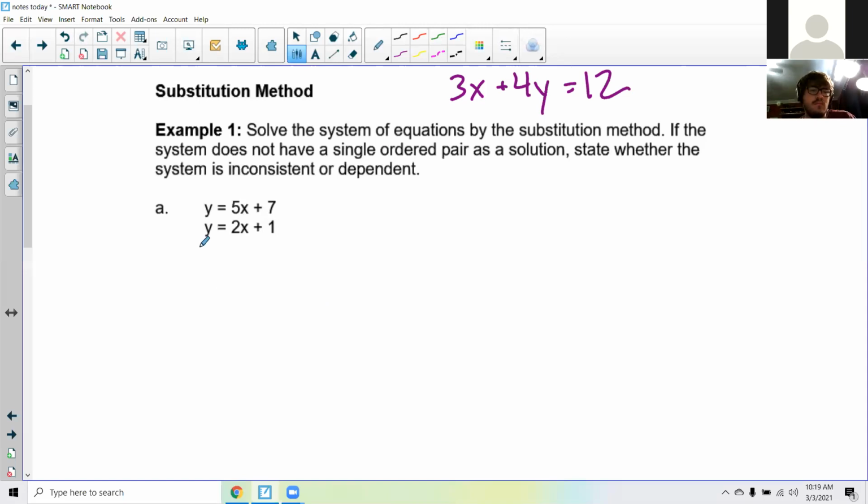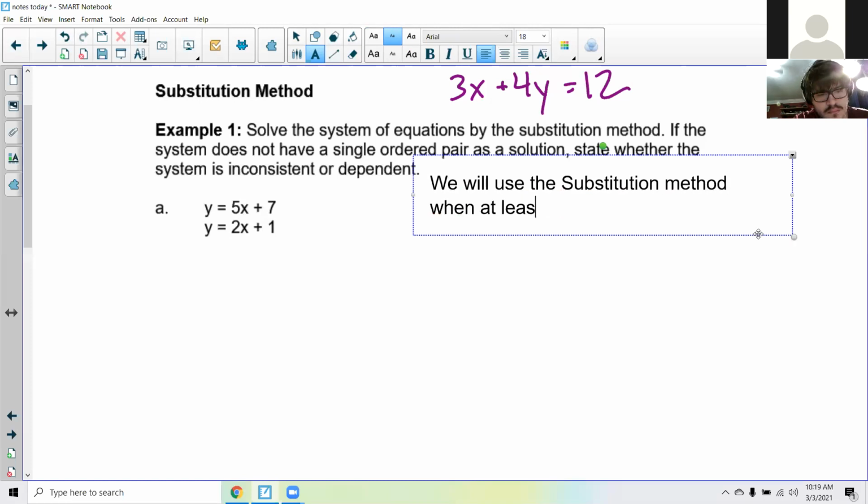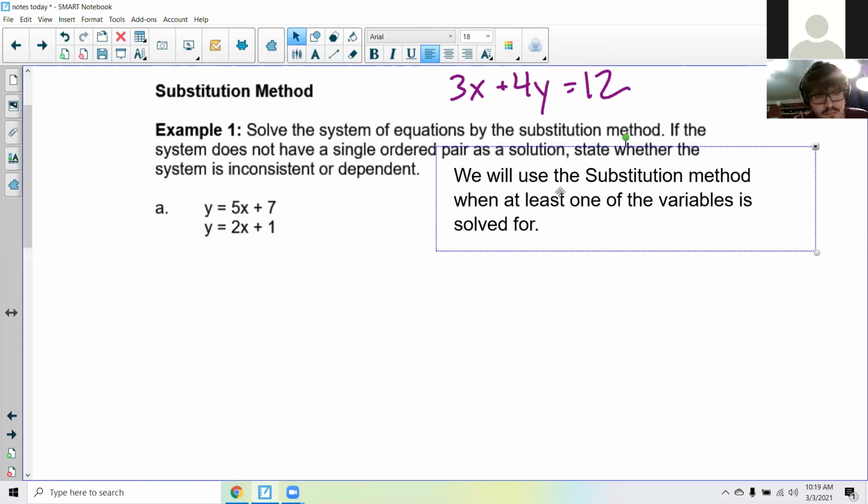You've probably seen them before, but the first one is the substitution method. Write this down. We use the substitution method when at least one of the variables is solved for.